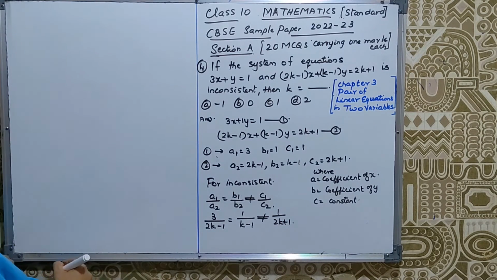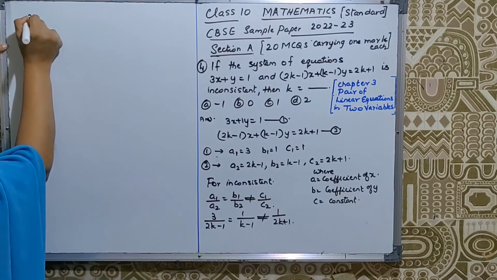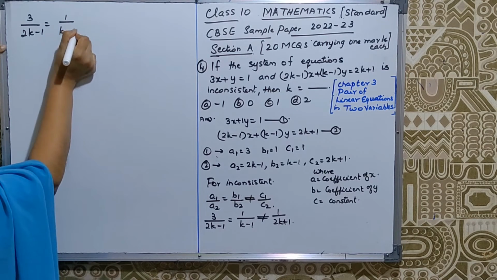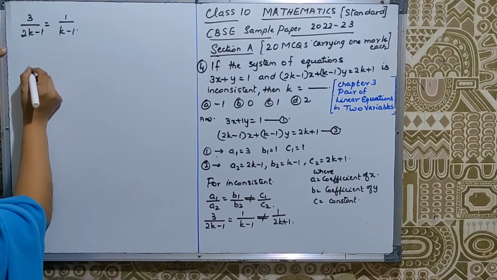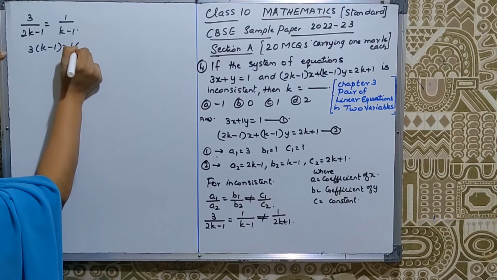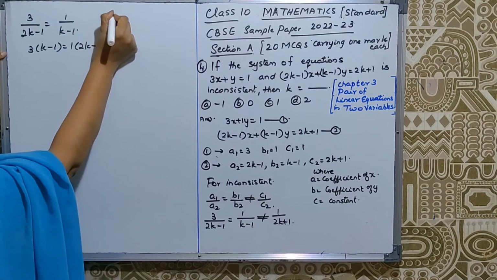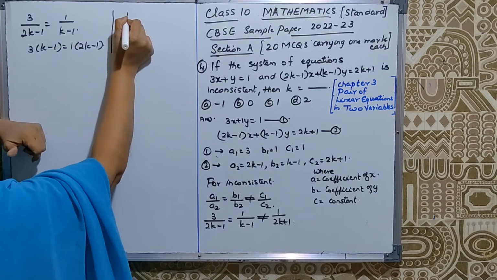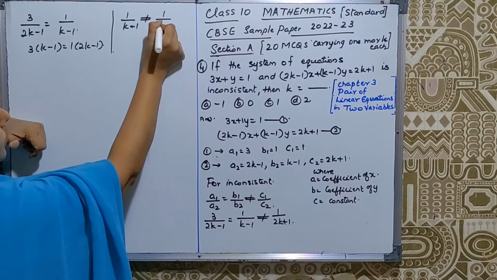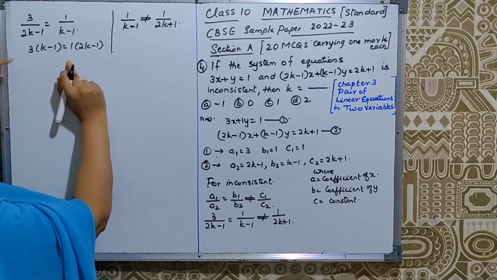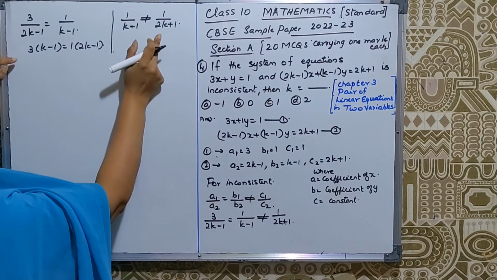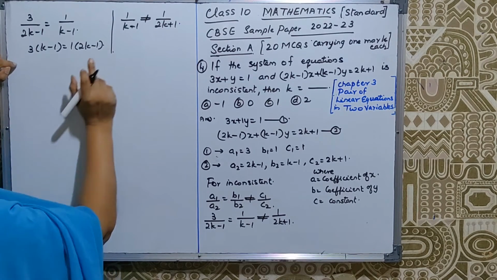Now we'll compare the first and the second. So 3 divided by 2k minus 1 equal to 1 divided by k minus 1. Now we'll cross multiply. So 3 into (k minus 1) equal to 1 into (2k minus 1). If you want, you can compare the other ones also, that is 1 by k minus 1 not equal to 1 by 2k plus 1. But for this MCQ, they are asking us to find only k equal to. Later, if they ask k is not equal to which number, you can compare.